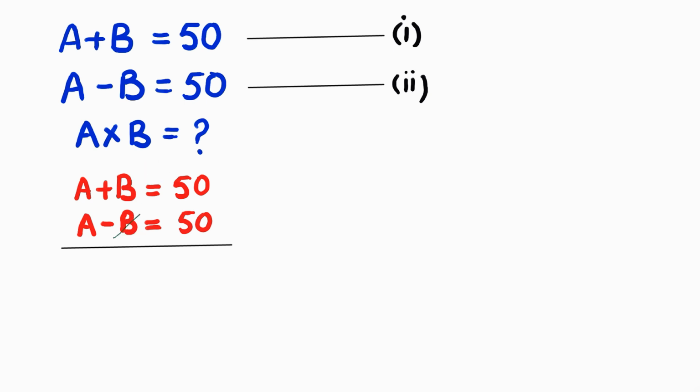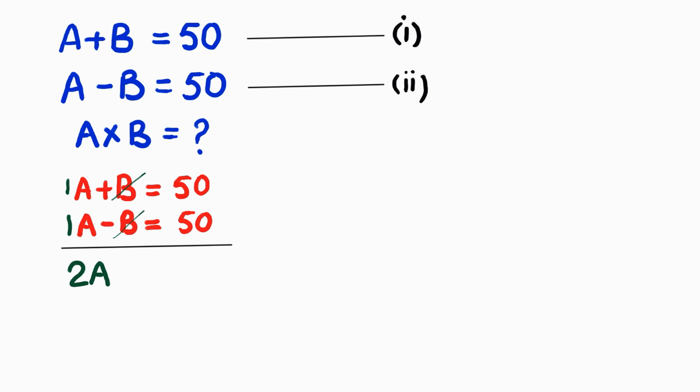So b and minus b are cancelled, and a plus a is equal to 2a, because coefficient is 1 and coefficient is 1.